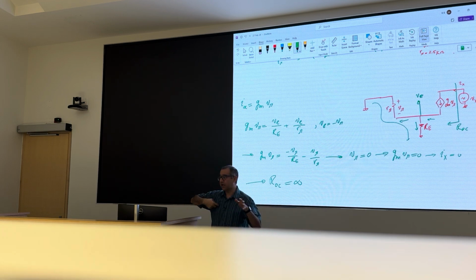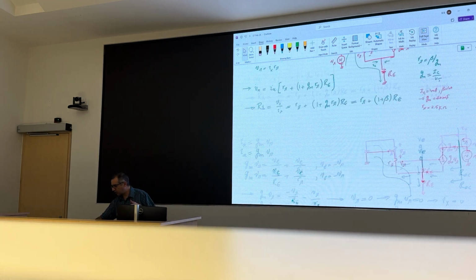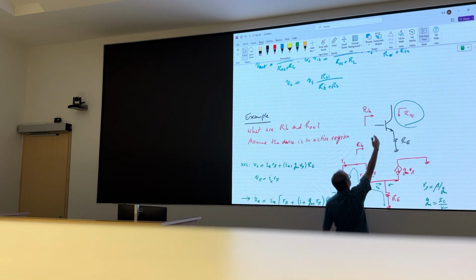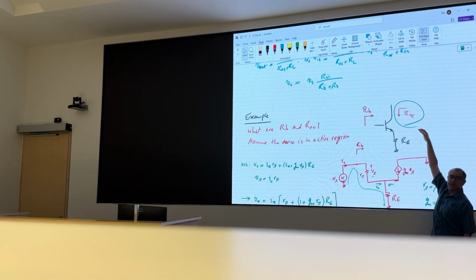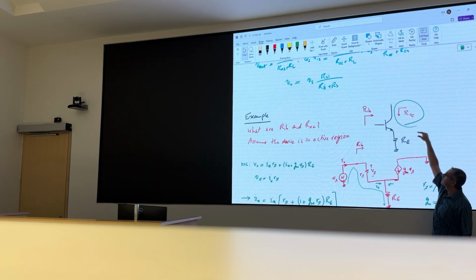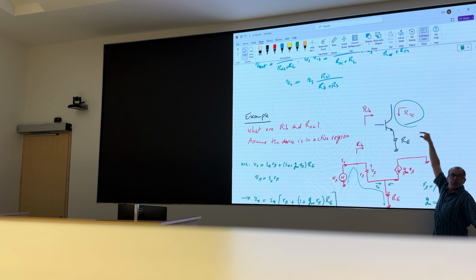Another way to look at it: over here, for ROC, you attach your source to the collector, and you're playing with the collector voltage, you want to see how much the collector current will change. It wouldn't, because you're playing with the voltage across a current source.